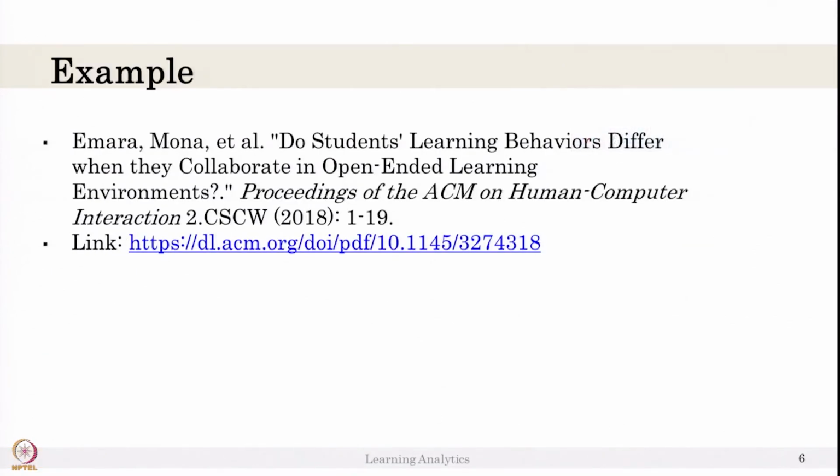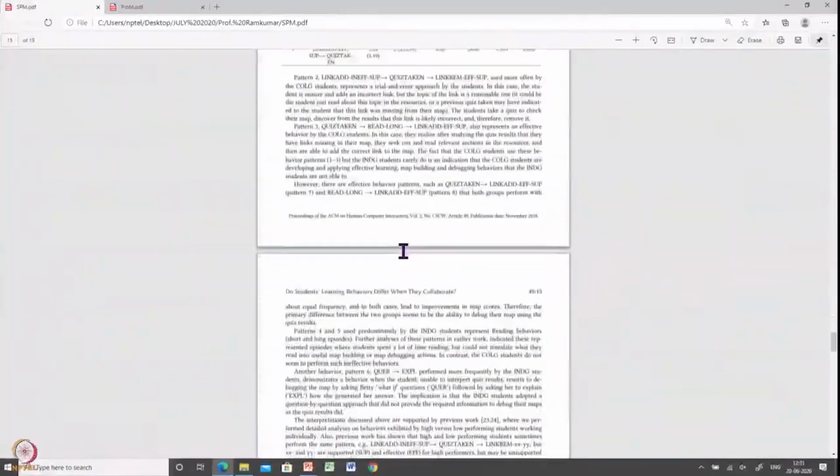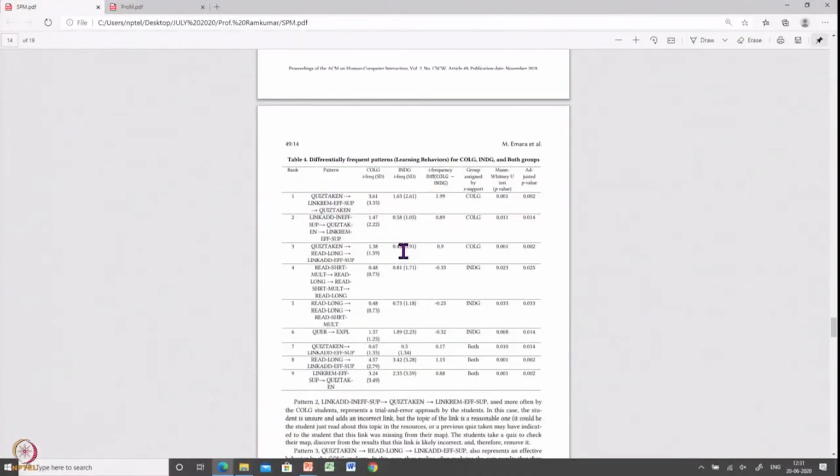Let us see the same paper which we discussed in the last class, in a bit more detail. I want to go back to the same table. What happened here? There are around 40-50 students who worked individually, and around 24 groups who worked collaboratively. You can read the paper to understand the exact numbers.